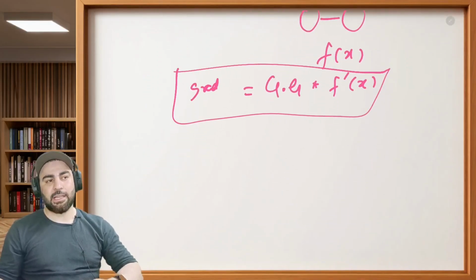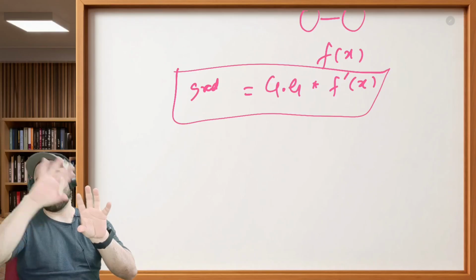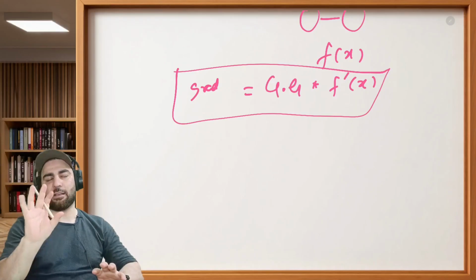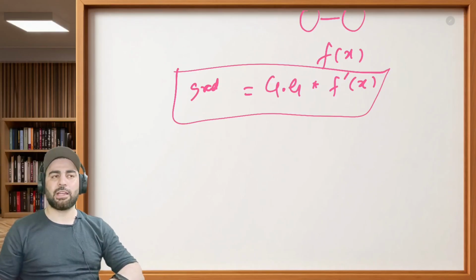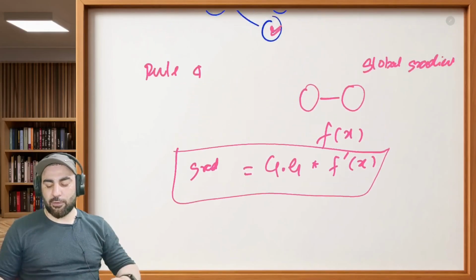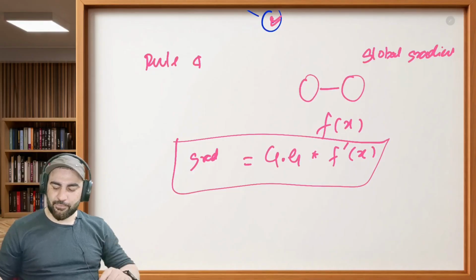And rule number 4 is, if you have applied some function to a node's value, you take the global gradient, multiply it by the gradient of that function, and that's how you update the gradient of the node under consideration. So these are the rules.